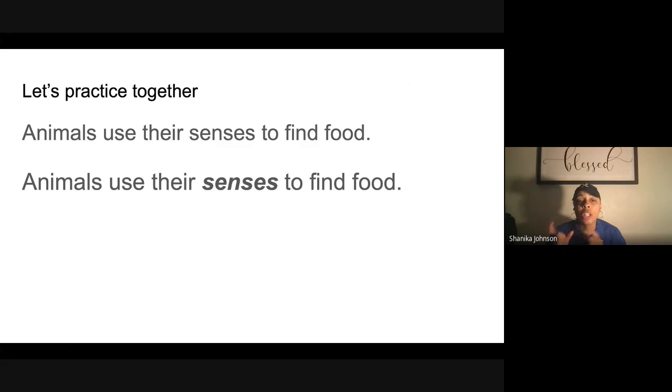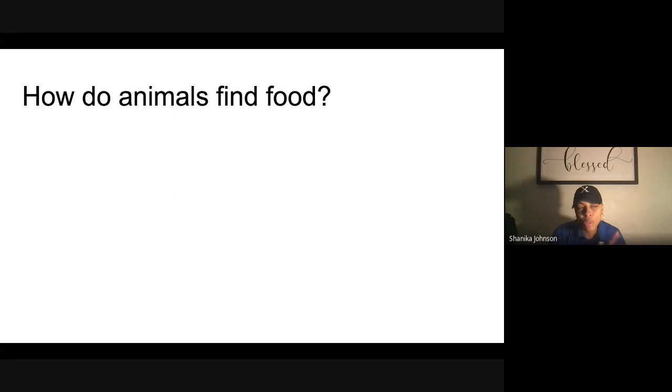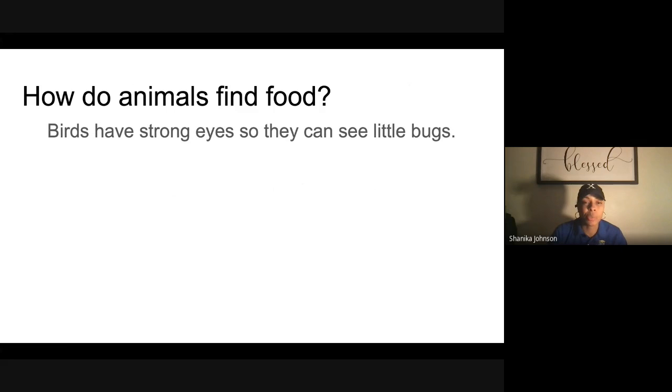But if I use the clues or the hints that are in the sentence, then I can probably figure out what this word means. So I know by reading this sentence that senses has something to do with animals and finding food. So now we need to think about, how do animals find food? Well, if we think about birds, birds have strong eyes so that they can see the little bugs or the little animals that they eat.